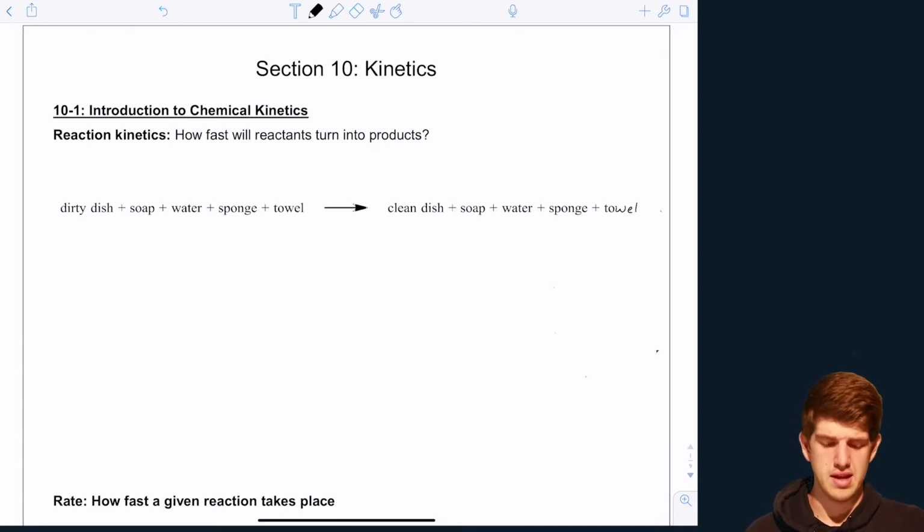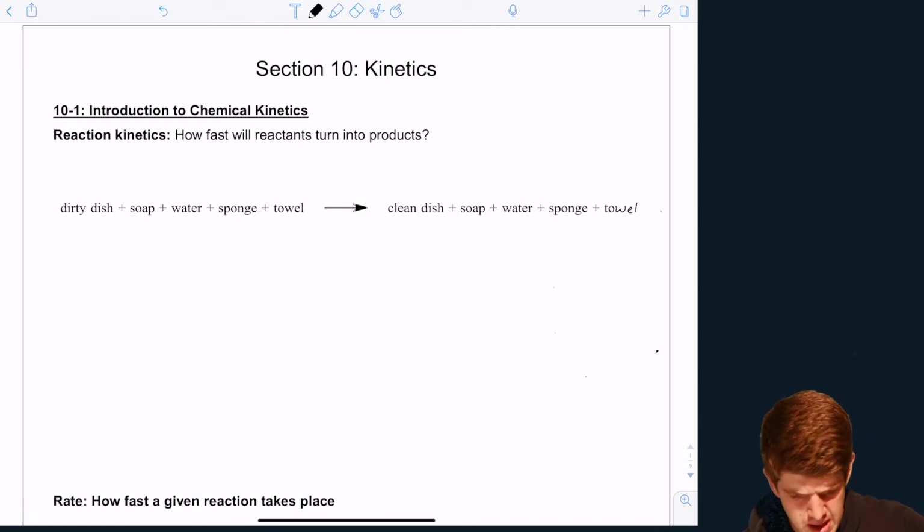And like I said a second ago, I can't just throw all this at it at once and hope it magically becomes a clean dish. There's a step-by-step process, right? I don't just take soap, put it on a sponge, wet it with a towel, and throw that sloppy mess onto a dirty dish and say, it's clean now.